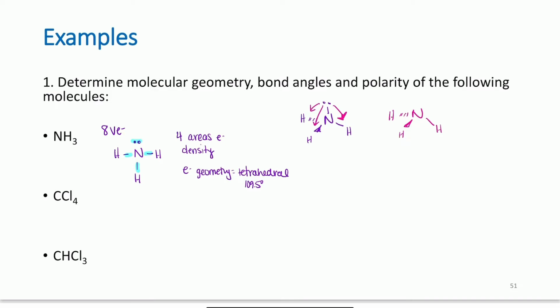We call this trigonal pyramidal because it's forming a triangular shape between the hydrogens, but a pyramid to the nitrogen above. And the bond angles are less than 109.5 degrees.